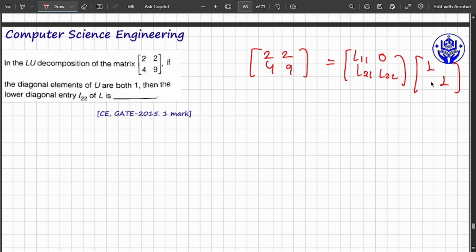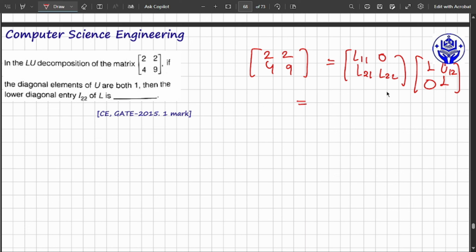The diagonal element of the upper triangular matrix is 1. So this is the format of the code, the approach of LU decomposition.